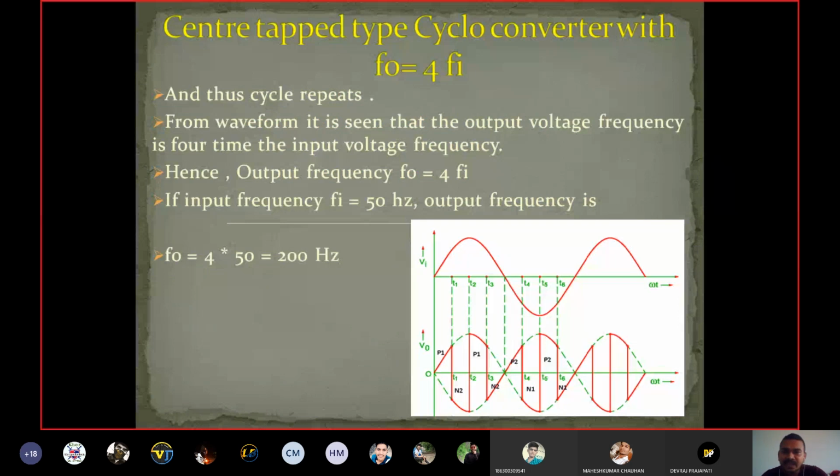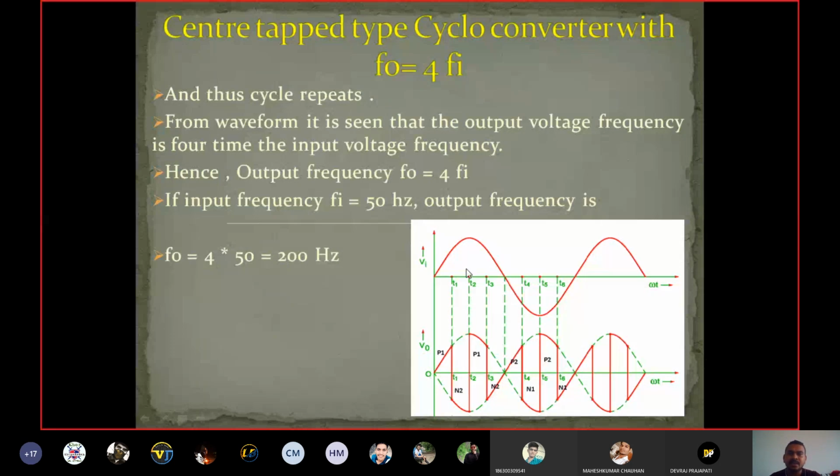Okay, so if we assume the input frequency is 50 hertz, then the output frequency becomes F0 is equal to 4 multiplied by 50, that is 200 hertz. So the output frequency of the waveform is 200 hertz.